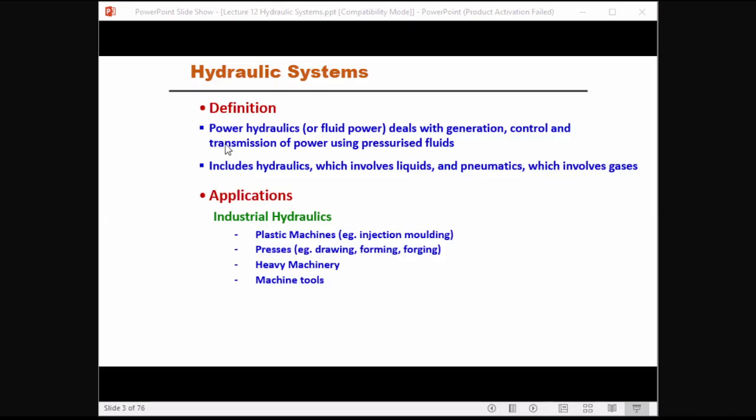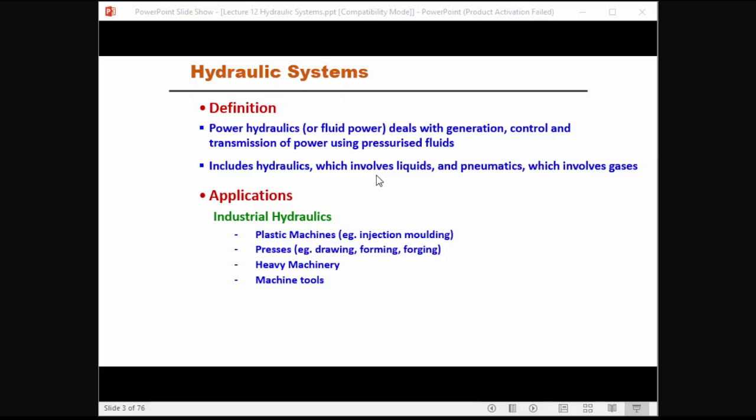Then as a definition, power hydraulics or fluid power deals with generation, control, and transmission of power using pressurized fluid. These are some applications: generation, control, and transmission. Transmission means power transmission.